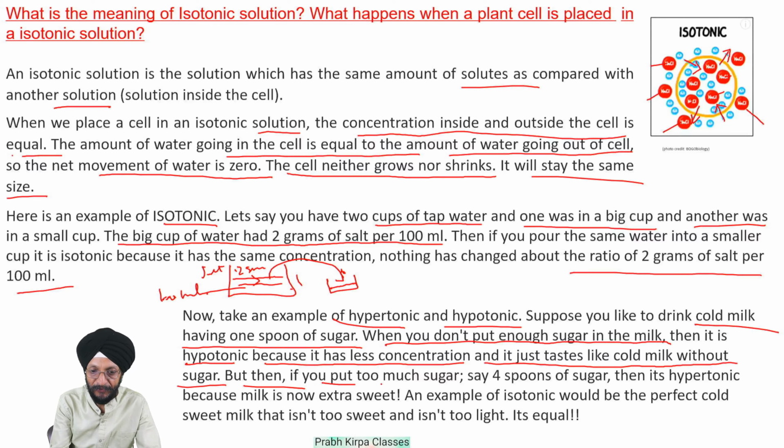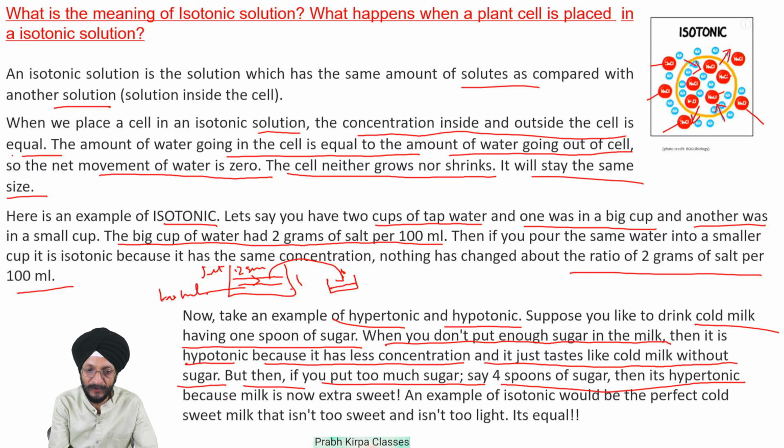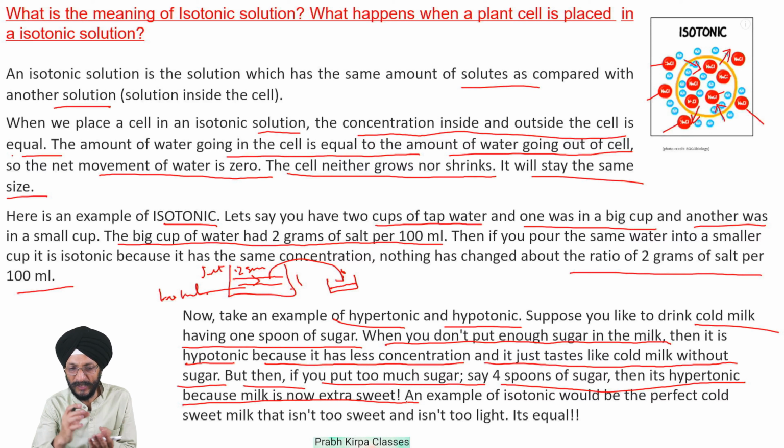But then if you put too much sugar, suppose you put 4 spoons of sugar inside the milk, then it is a hypertonic solution because the milk is now having extra sugar. It is extra sweet.